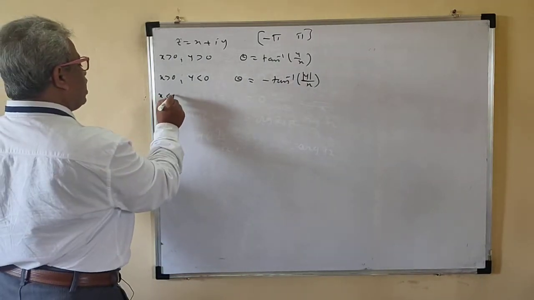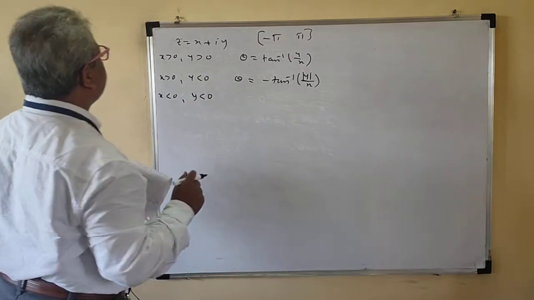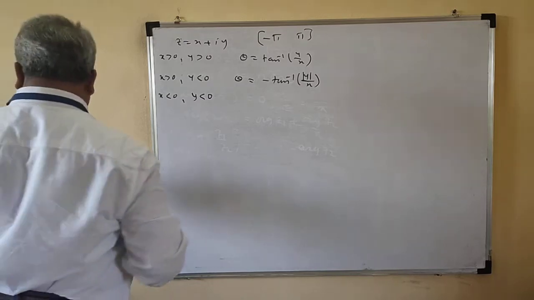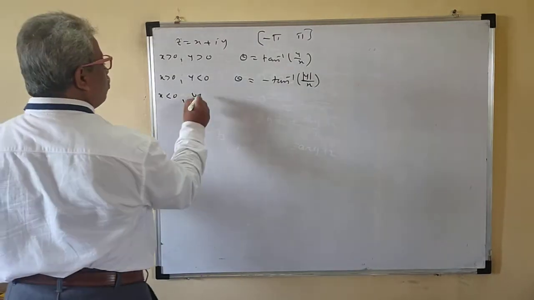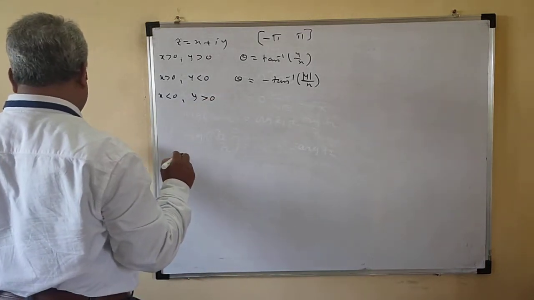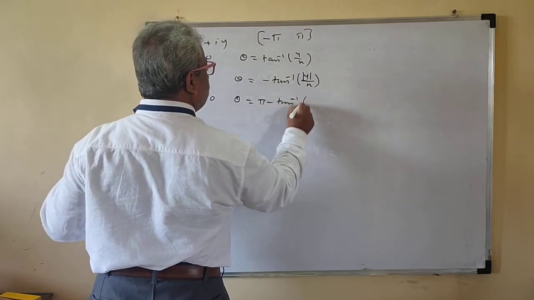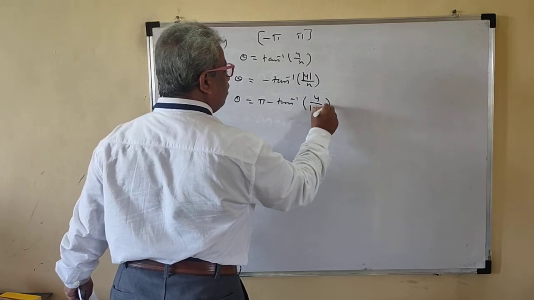So now X is negative, Y is negative. Both are negative now. X is negative, we'll take Y positive first. So if X is negative and Y is positive, then your theta is pi minus tan inverse of Y by X. X is negative, so we'll take mod of this one.